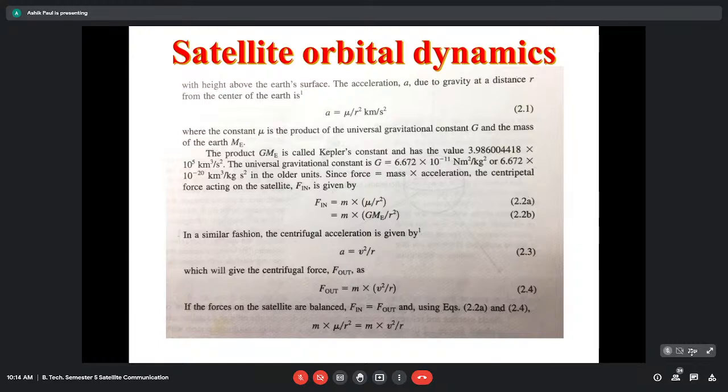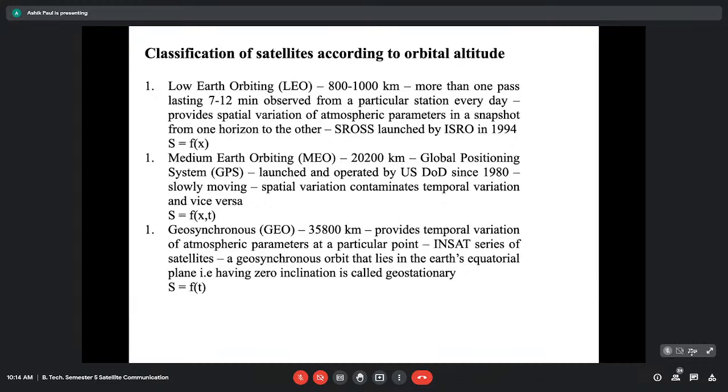Okay. So following this, we can understand and calculate the orbital parameters of the different categories of satellites. Satellites are usually classified according to their orbital altitudes, like the low Earth orbiting satellite, also known as LEO. It is at altitudes of about 800 to 1,000 kilometers.